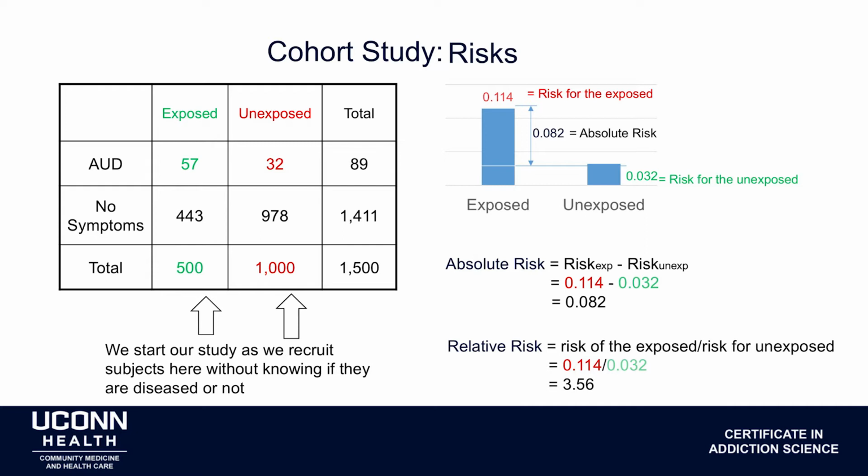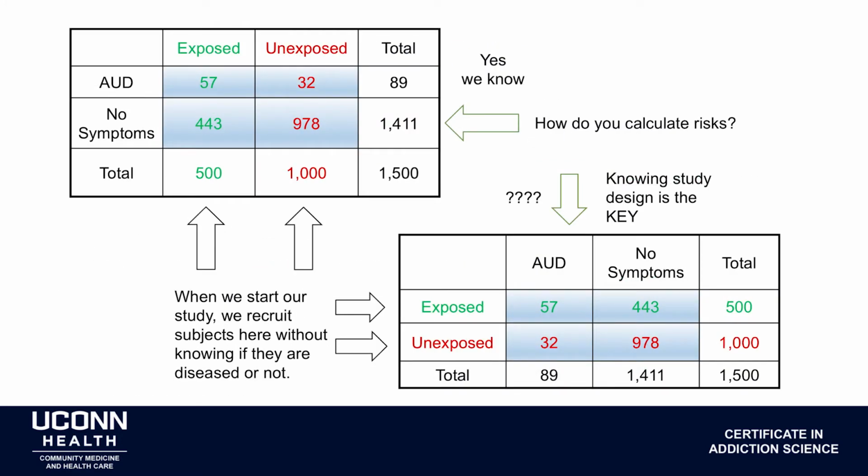That means the people in the exposed group, for example, exposed to certain risk factors, are 3.56 times more likely to develop AUD, alcohol use disorder, compared to those who are not exposed. So you can switch around, it's the same meaning.